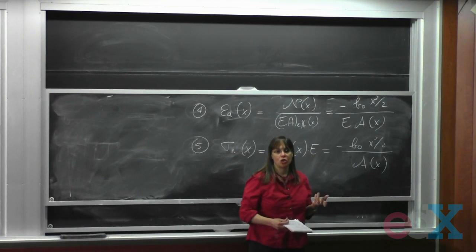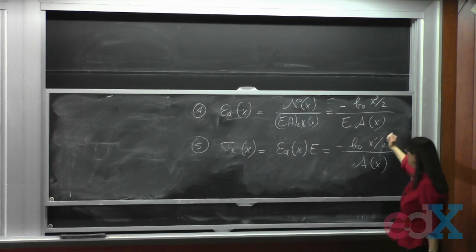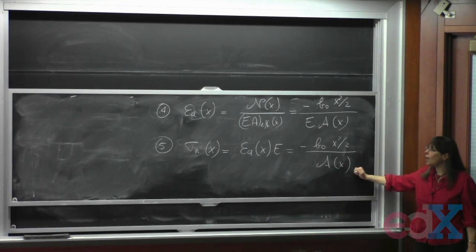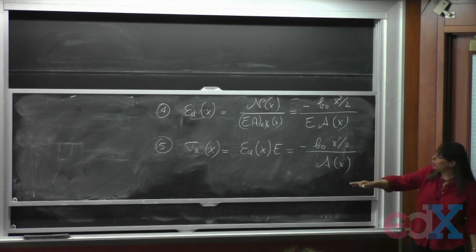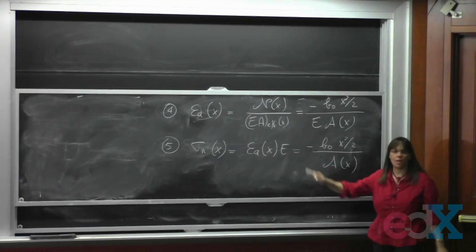And I find the not surprising result that my stress, because my bar is homogeneous, is simply equal to the axial load divided by the cross-sectional area. And you're thinking, what is she wasting all her time going through epsilon A of x and doing sigma n of x, doing this times that?